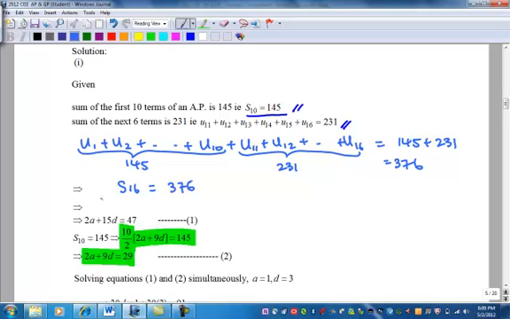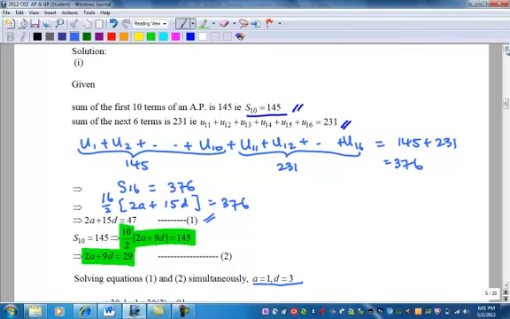When we apply the formula of Sn, we get 16 over 2, 2a plus n minus 1, which is 15d, equals 376. When we divide both sides by 8, we end up with equation 1 here. Solving equations 1 and 2 simultaneously, we get a equals 1 and d equals 3.